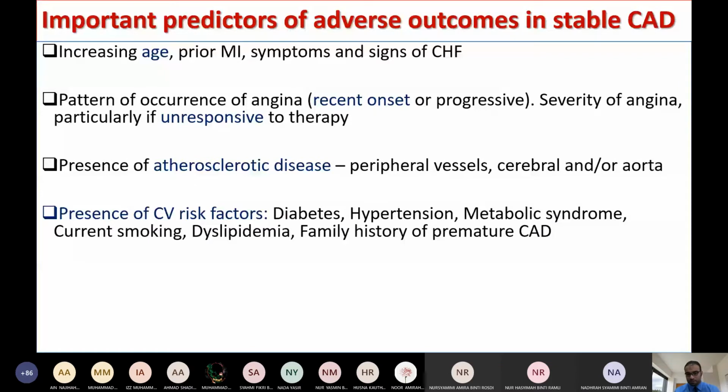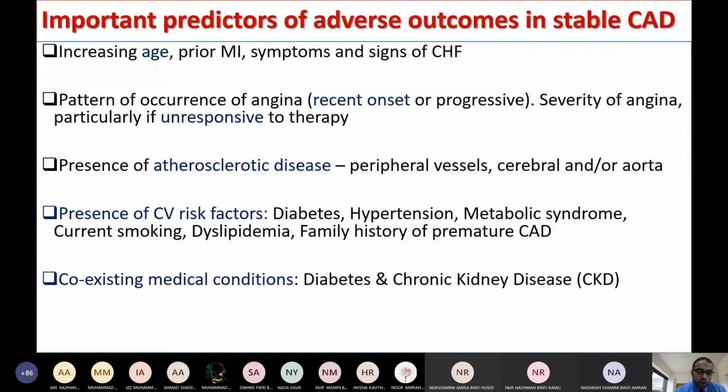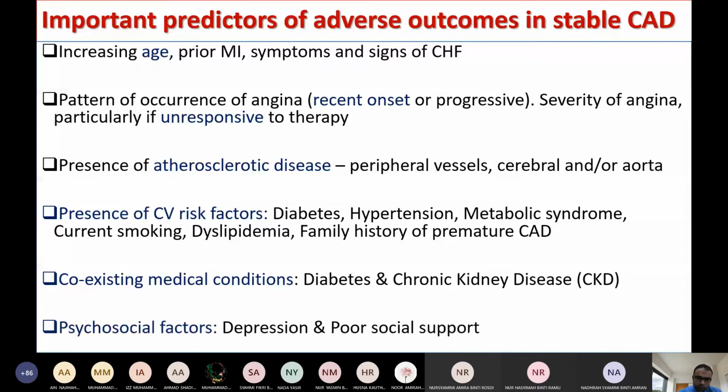Of course, on top are diabetes and metabolic syndrome. Coexisting medical conditions, diabetes and chronic kidney disease, are very important. And lastly, of course, psychosocial factors: depression and poor social support are actually among the major contributors to adverse outcomes in stable coronary artery disease, sometimes by direct and sometimes by indirect impact.